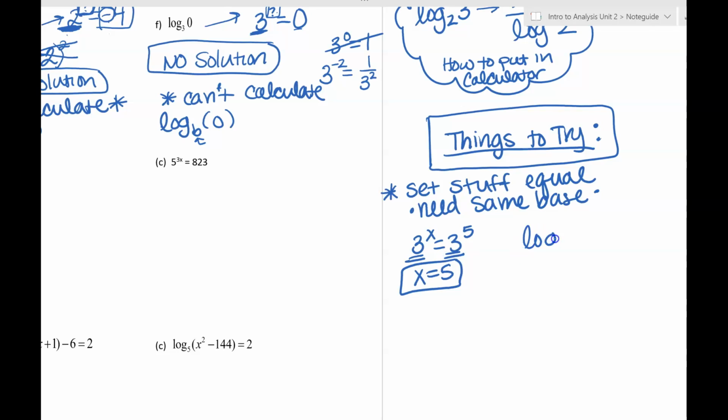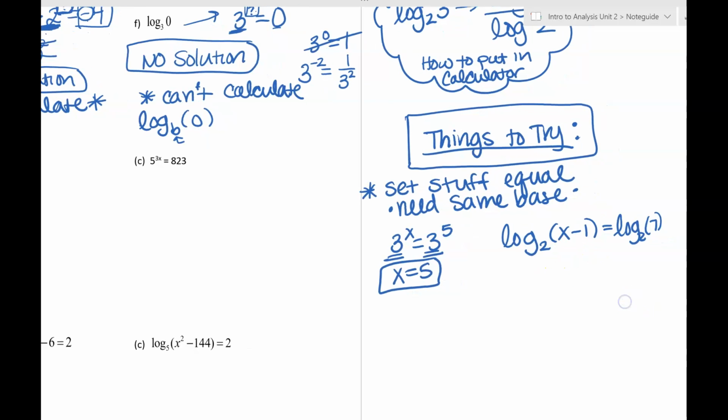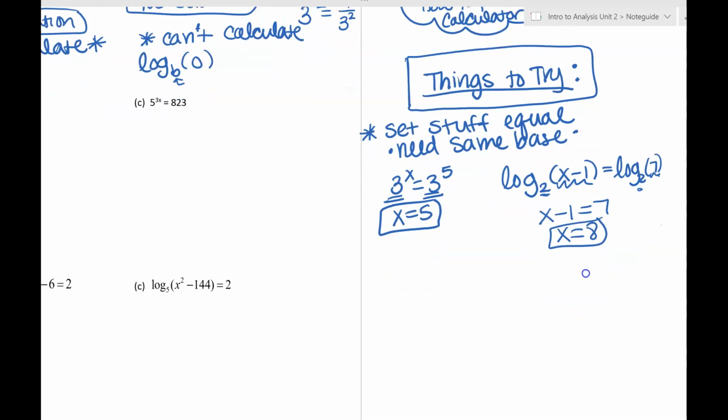Or for logs, if I have log base 2 of x minus 1 equals log base 2 of 7, then because these both say log with the same base, the stuff in here must equal the stuff in here, because there's nothing else going on in the problem. So x minus 1 would have to equal 7 and x would be 8. So that's our first strategy every time because it's pretty simple. Can I make these look the same and set something equal?